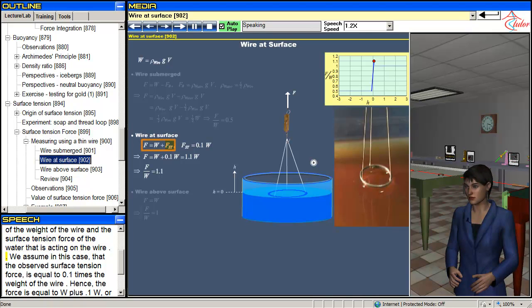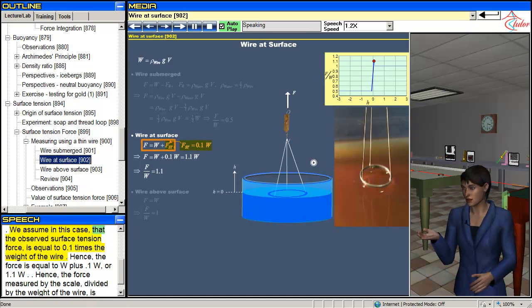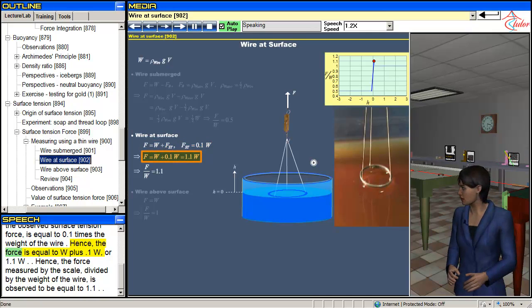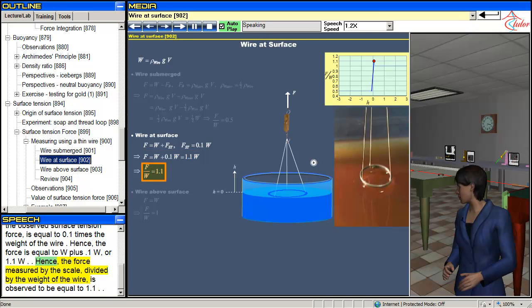We assume in this case that the observed surface tension force is equal to 0.1 times the weight of the wire. Hence, the force is equal to W plus 0.1 W, or 1.1 W. Hence, the force measured by the scale, divided by the weight of the wire, is observed to be equal to 1.1.